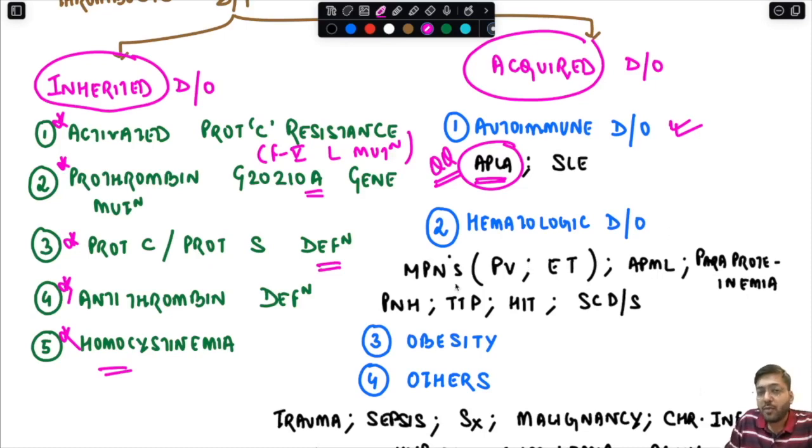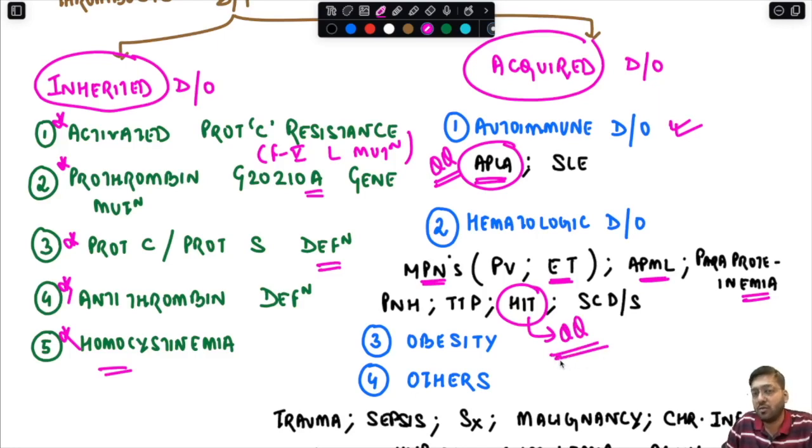The most important ones are myeloproliferative neoplasms, which include polycythemia vera, essential thrombocythemia, APML, okay. Paraproteinemias as well, PNH, TTP, HIT syndrome, sickle cell disease. Now, HIT syndrome is again a very important question among the acquired thrombophilias. It can come as a separate long answer question.